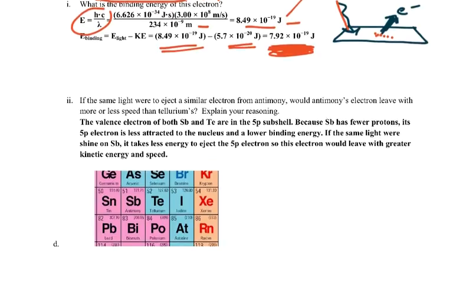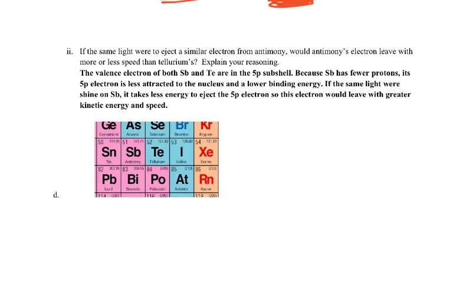Now it says if we did the same thing with antimony, and antimony is Sb versus Te, would the antimony's electron leave with more or less speed than tellurium's? So you have to say, well, antimony is over here. It's going to have fewer protons, and if it's fewer protons, it's not going to be binding it quite as tightly as tellurium.